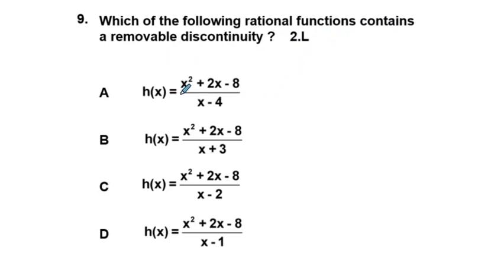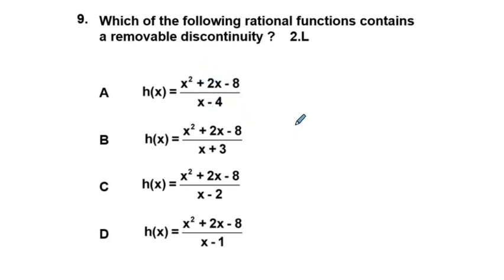I happen to be looking at the test of Brandon here, and what Brandon did is he synthetically divided all of these and saw which one of these synthetic divisions gave a remainder of 0. If you have a remainder of 0, that means the divisor is a factor of the numerator, therefore a removable discontinuity.